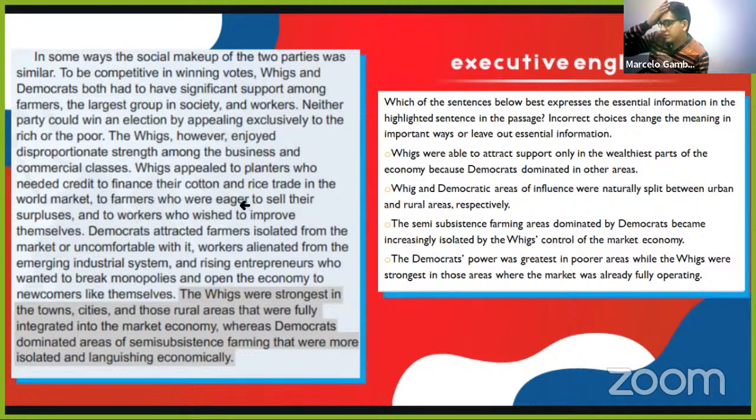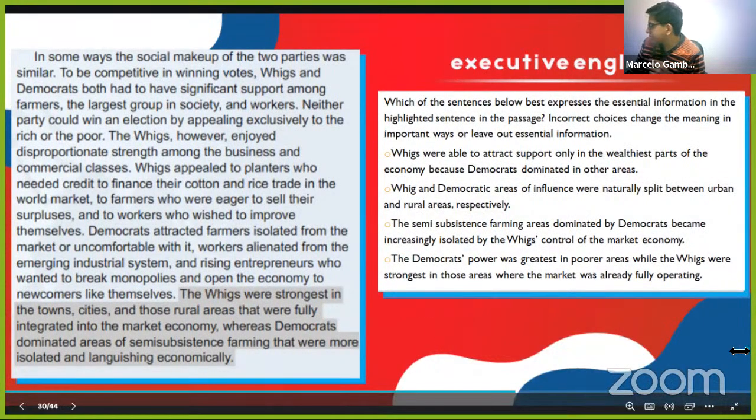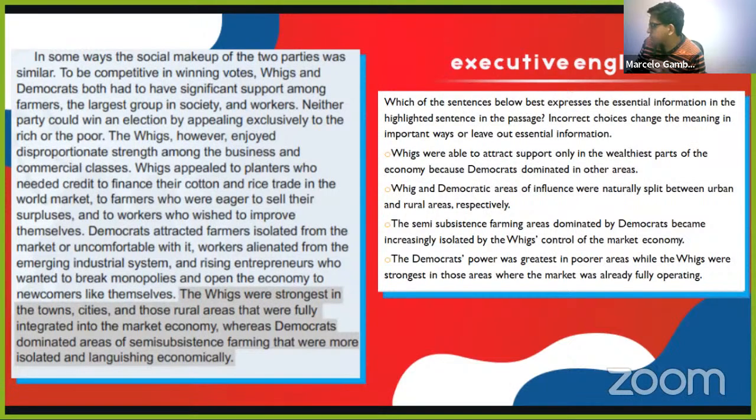B: Whigs and Democrats' areas of influence were naturally split between urban and rural areas, respectively. C: The semi-subsistence farming areas dominated by Democrats became increasingly isolated by the Whigs' control of the market economy. D: The Democrats' power was greatest in poorer areas, while the Whigs were strongest in those areas where the market was already fully operating. Okay, so anybody has an idea of what could be the answer here?